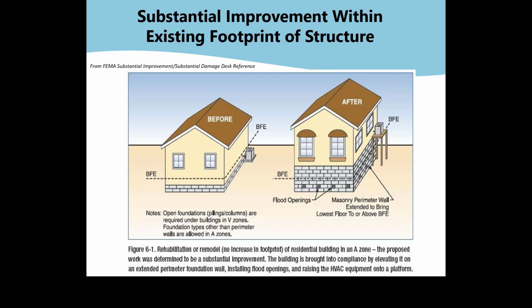So in order to make this building compliant with the minimum requirements that are included in your floodplain ordinance, what would need to be done, you would need to elevate the lowest floor to the base flood elevation, or in New Hampshire, it'd be the BFE plus 1 foot because we have that state building code requirement. And if you're not in New Hampshire, you may have a similar requirement in your state building code, and you'd want to check on that if you didn't know.